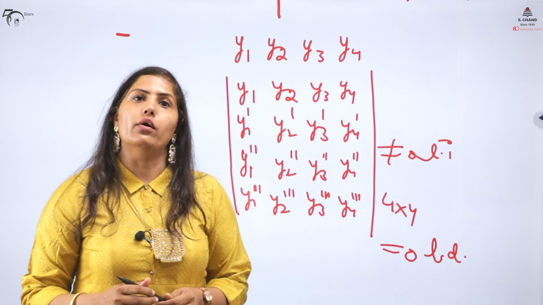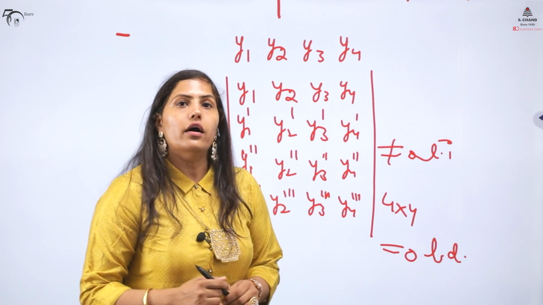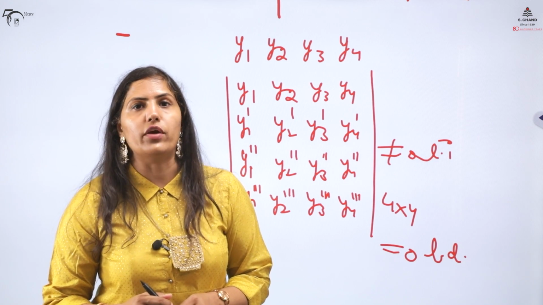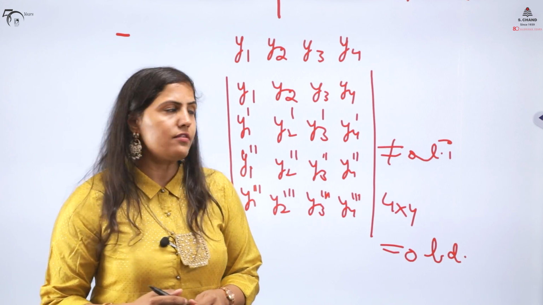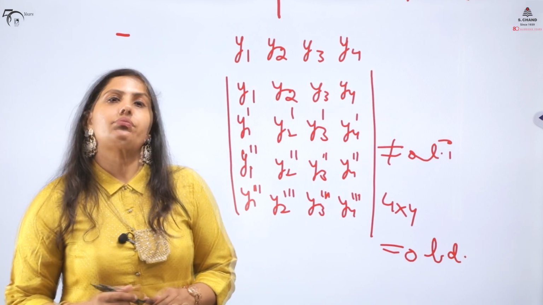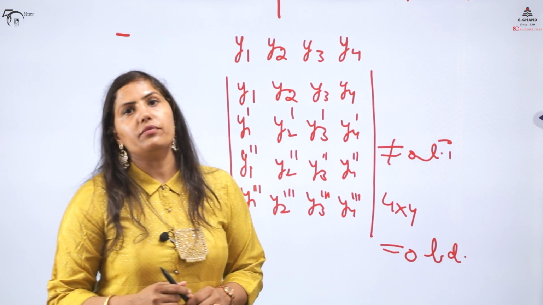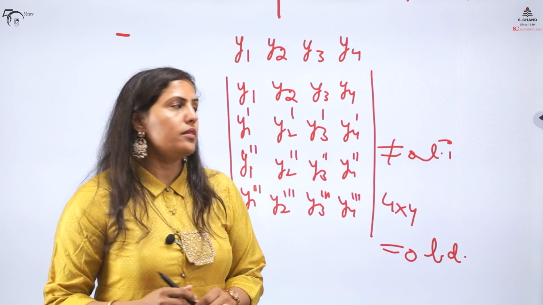One was the linear combination of functions: if the constants you get are all 0, then linear independence; if any constant is non-zero, then linear dependence. Then the Wronskian method: if it is non-zero, linear independence; if it is 0, linear dependence. This is all we have done in this lecture.